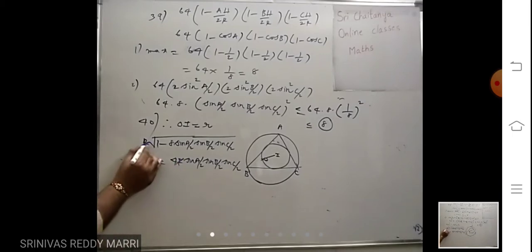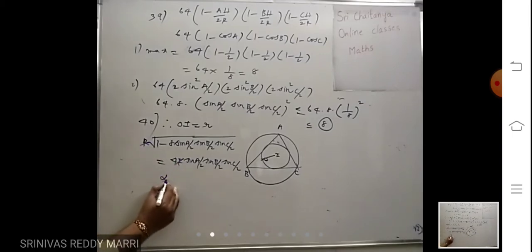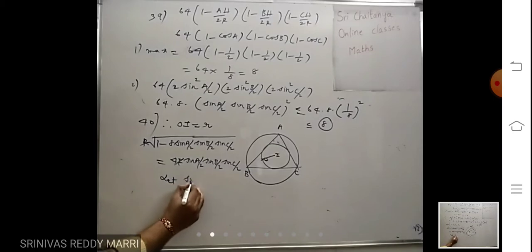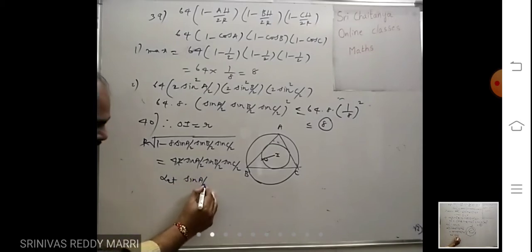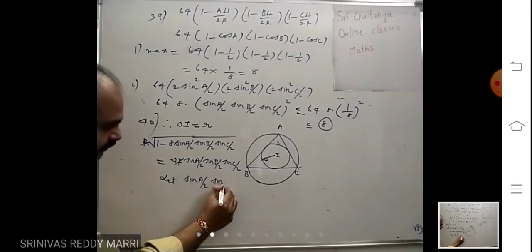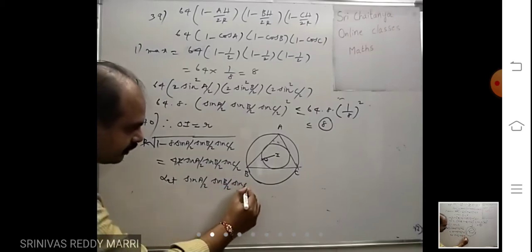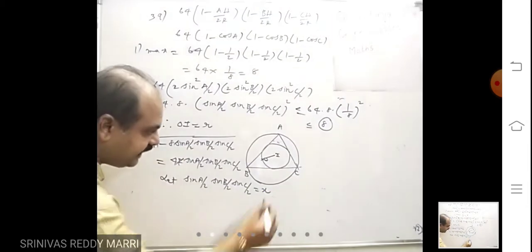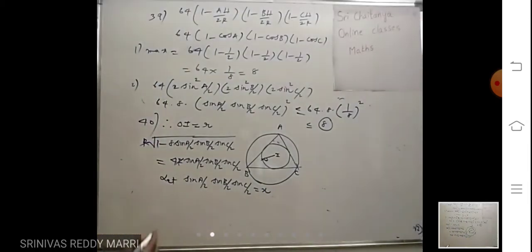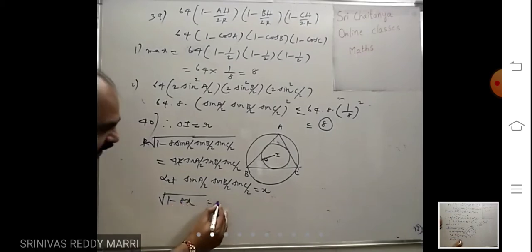I am cancelling R. Now I suppose that sin A by 2 sin B by 2 sin C by 2 equals x. Now observe carefully, I am calculating x. Root of (1 minus 8x) equals 4x.